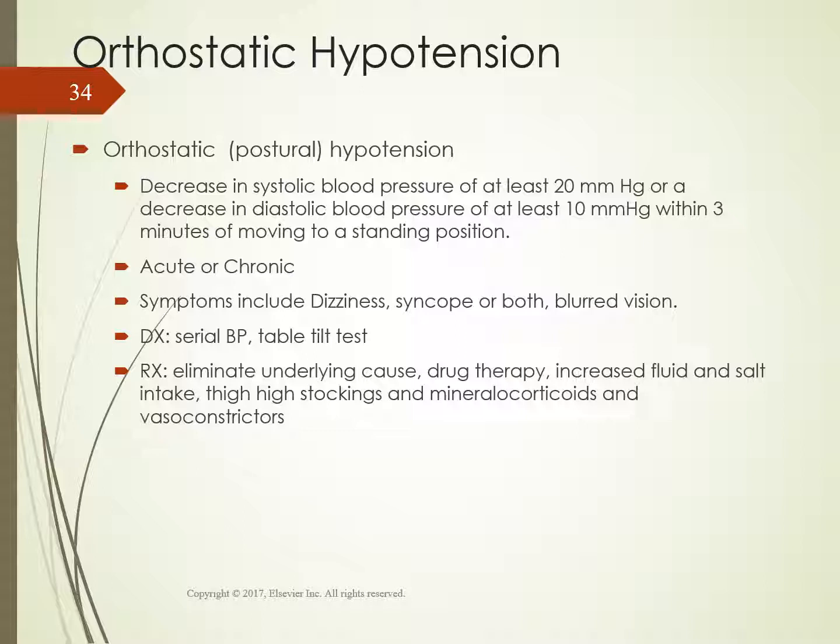So orthostatic hypotension, or postural hypotension, is a decrease in systolic blood pressure of at least 20 millimeters of mercury, or a decrease in diastolic blood pressure of at least 10, within 3 minutes of moving to a standing position.